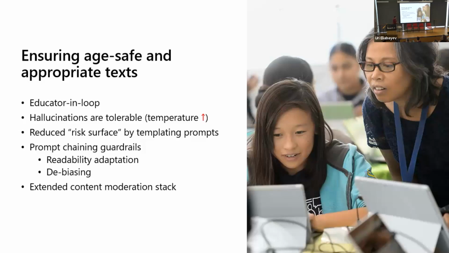And the last, this is a separate bullet because this is also a huge investment on our side, is we have our own extended content moderation stack, which is more strict than what you get out of the box if you just use Azure OpenAI. So what we do is we leverage several internal services beyond Azure OpenAI.